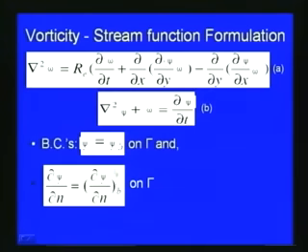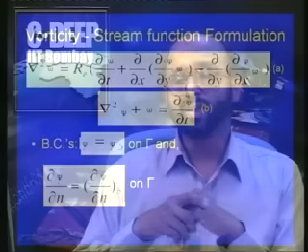So, these can be the boundary conditions, and the two equations, equation A and B, are in terms of the Reynolds number Re, the omega and the psi. We can solve these two equations, so we get the distribution of the stream function and the vorticity omega.